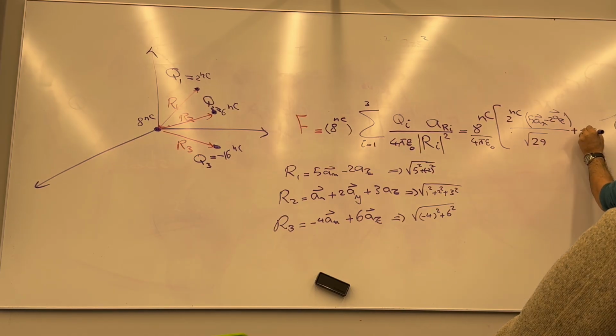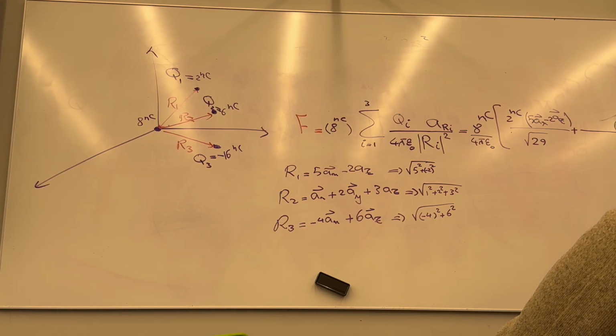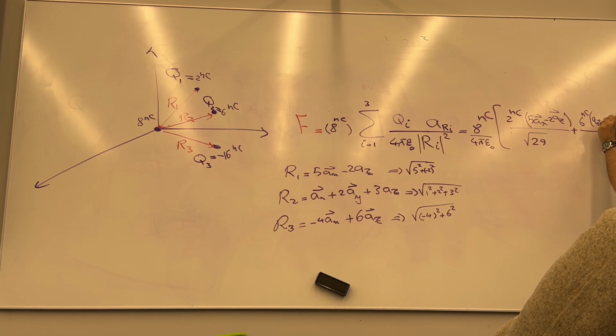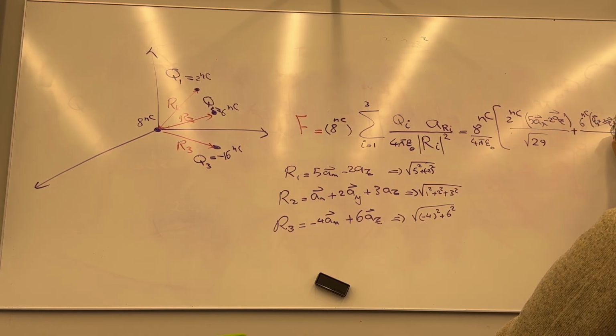And then is going to be the second one, 6 nanocoulomb and AX plus 2AY plus 3AZ over 5 and 9 is going to be 14.